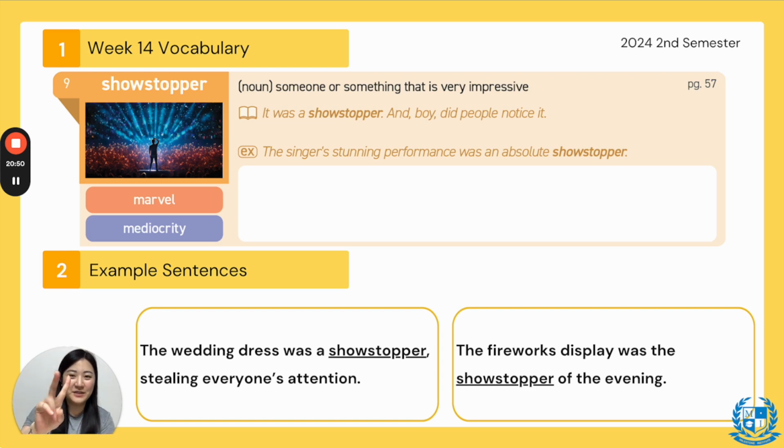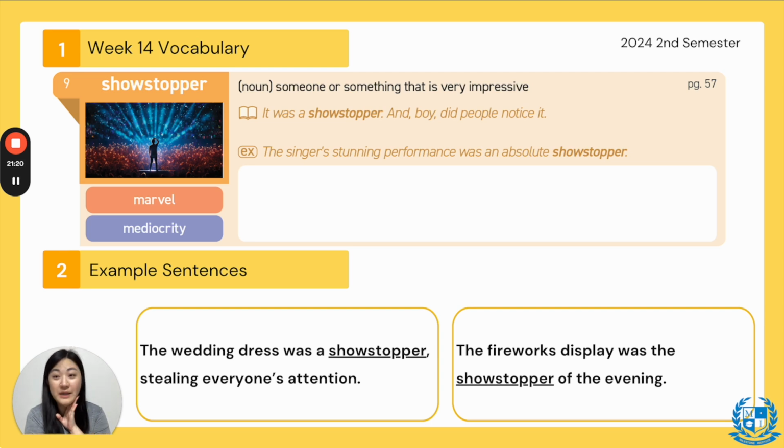1, 2, 3. The singer's stunning performance was an absolute showstopper, because this singer was such a good singer that everyone was like, oh, wow. Here it says the wedding dress was a showstopper, stealing everyone's attention. So maybe you've been to a wedding and you saw a really sparkly and pretty white wedding dress. Maybe it's a showstopper because everyone's like, wow, that's so impressive.